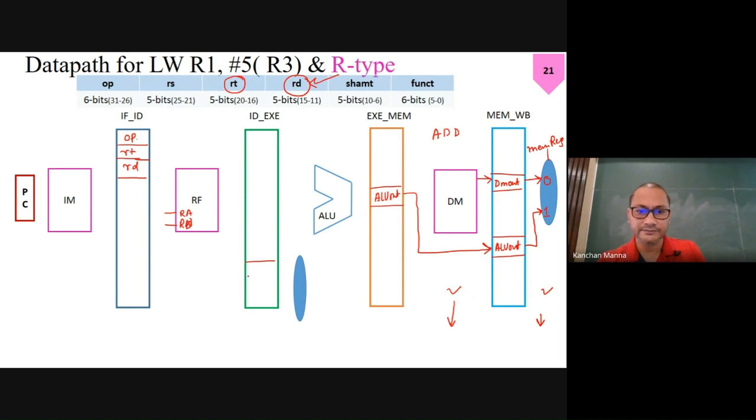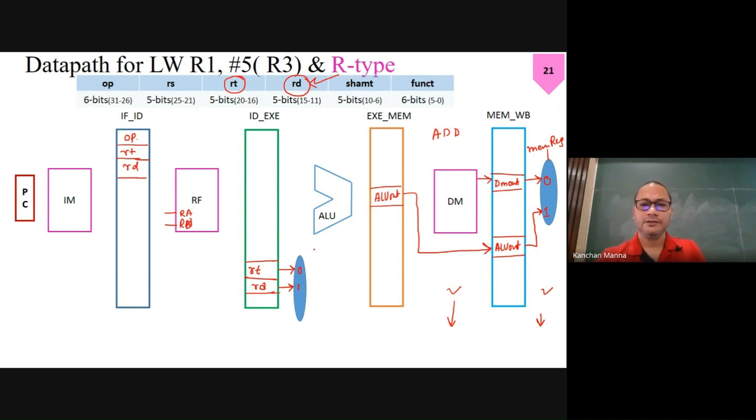But here we will bring RT and RD. Now after decoding, we'll know what the instruction is. So let's say 0 and 1.